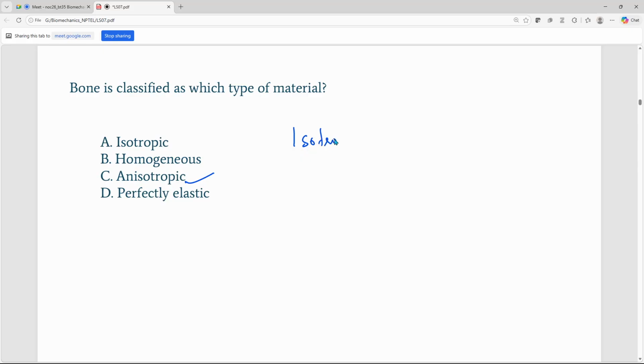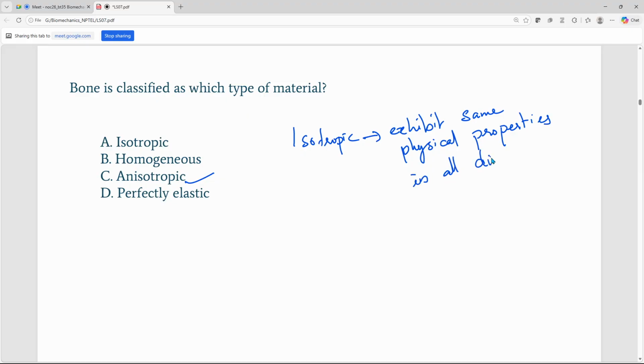Isotropic materials are materials that exhibit the same physical properties in all directions. Suppose we take one cubical element, imagine this as a cube.